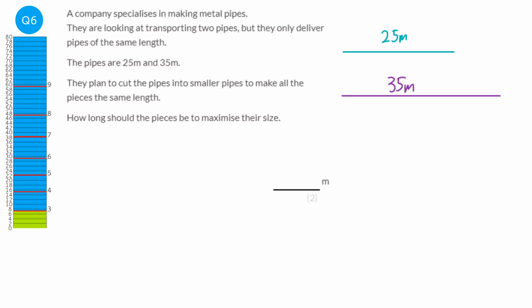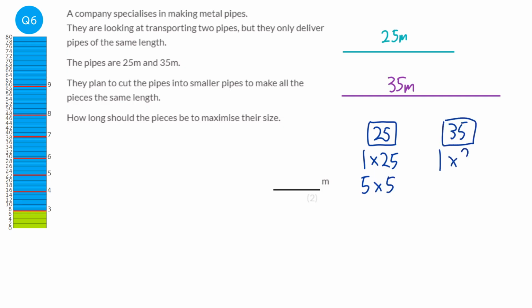So to find the highest common factor, we just find the factors of 25, which is 1, 25, and 5, and 5, and the factors of 35, which will be 1 and 35, and 5 and 7. And the highest common factor is the highest number in both lists, so it's 5.